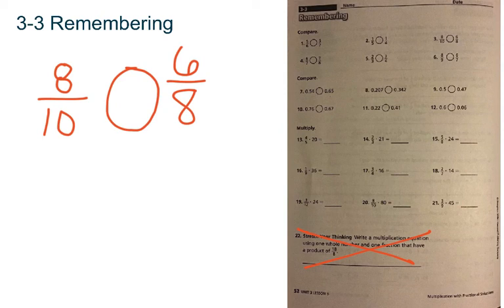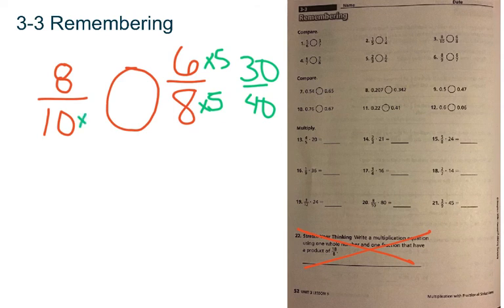Okay, so on this side, we're going to multiply top and bottom. Remember, whatever you do to the top or to the bottom, you have to do to the opposite. So top and bottom, we're going to multiply both by 5. 8 times 5 is equal to 40, and 6 times 5 is equal to 30. And now I need this denominator, which is a 10, to become 40 as well.